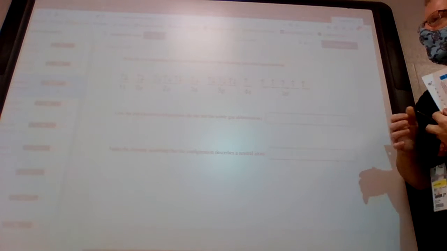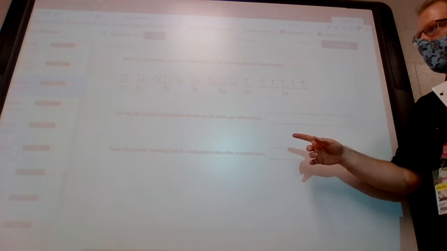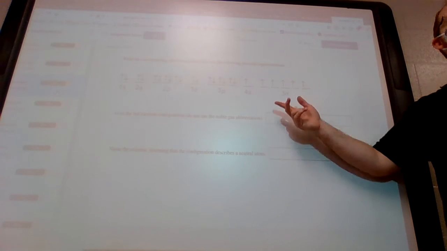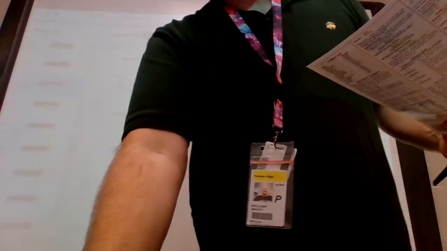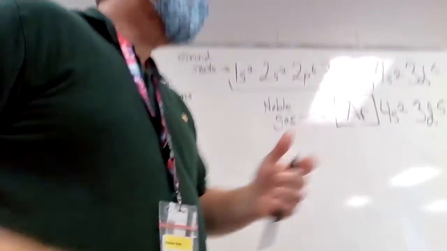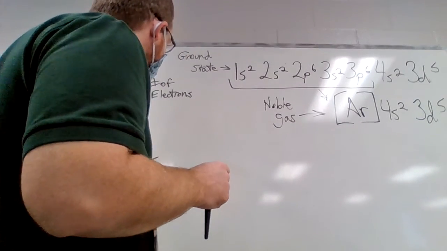Okay, so like this one. Get the full electron configuration. Do not use the noble gas abbreviation. And then name the element. So they want to know what element they have here. You're basically going to write this out just like I did on the board. You're counting, instead of electrons this time, you're counting arrows. So in the first one, I have 1s.